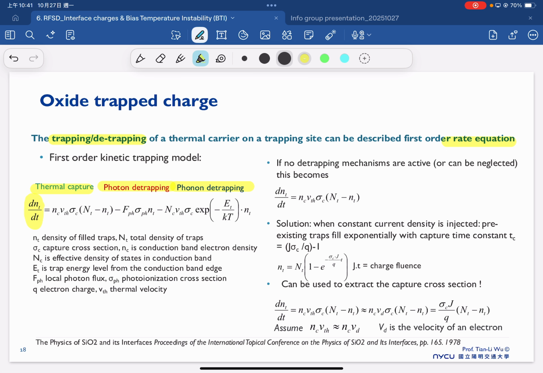Here we won't talk too much about this mathematical equation. If you are interested, you can look it up by yourself. But the most important thing is to understand the physics behind. And some people use this equation in the end to extract the capture cross-section. If you need it for your future research, you can always use this equation to estimate the capture cross-sections.